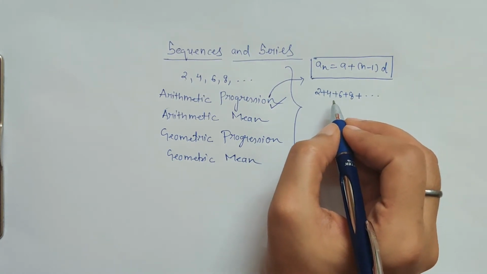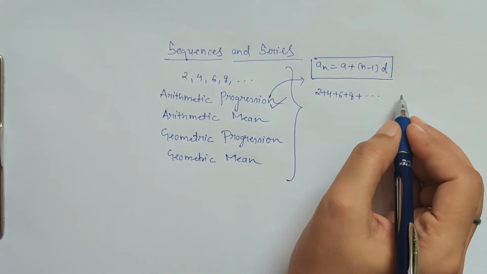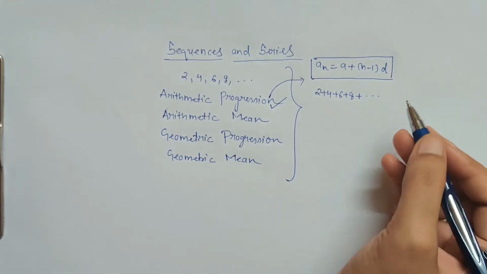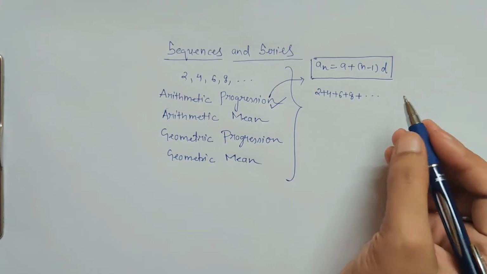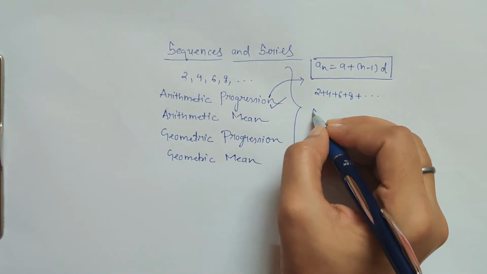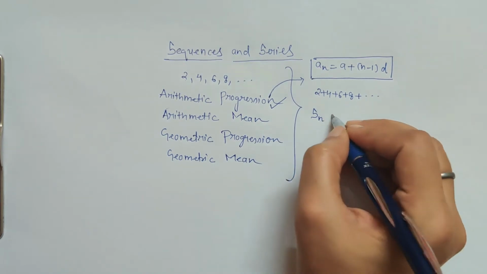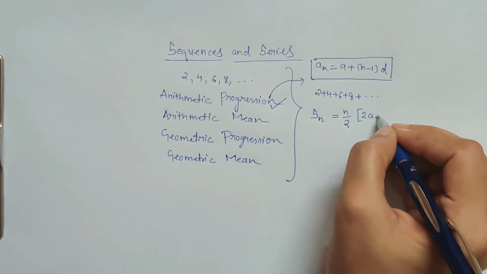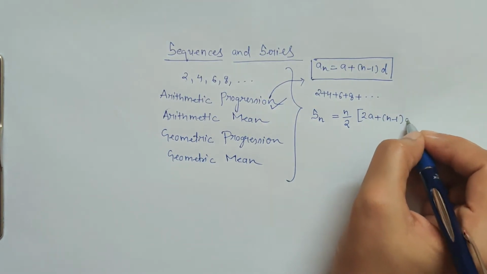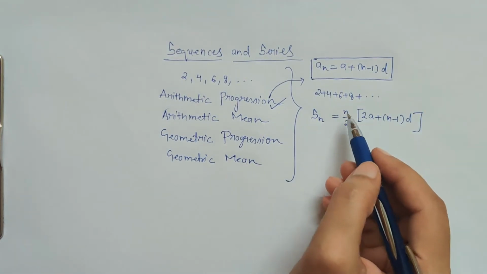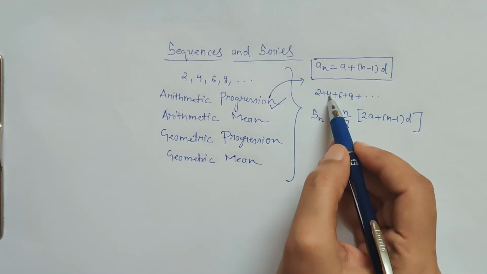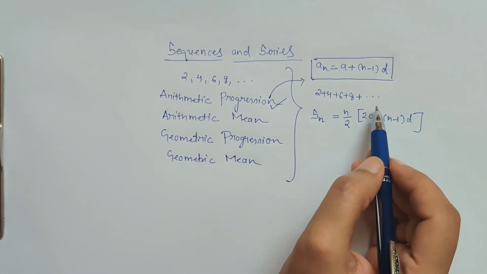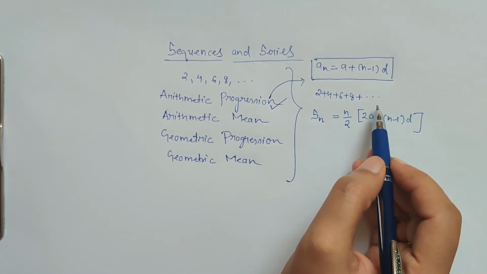If you are asked to find the sum of this series up to the 12th term or 13th term or whatever term is given, we have to use the formula S_n is equal to n upon 2 into 2a plus n minus 1 into d. Because we are not going to add it like 2 plus 4 is 6, 6 plus 6 is 12, 12 plus 8 is 20. This will be a very tedious job for anyone.